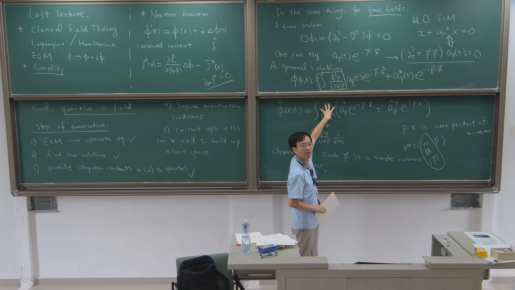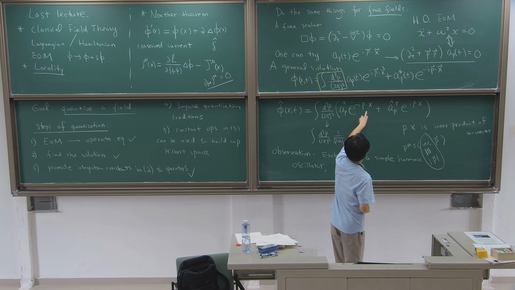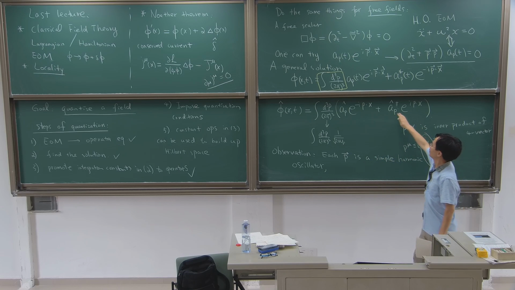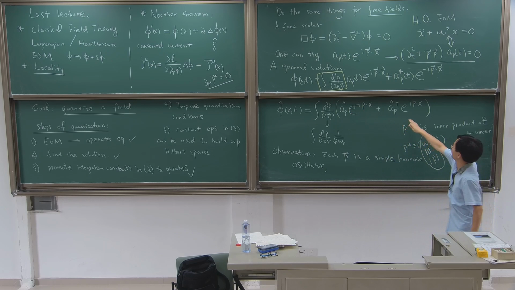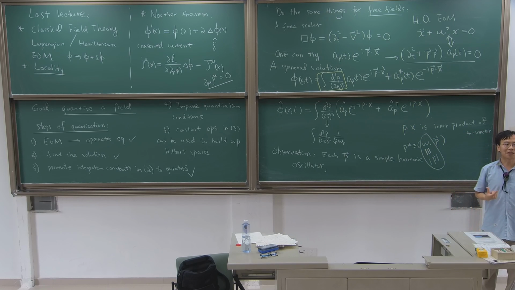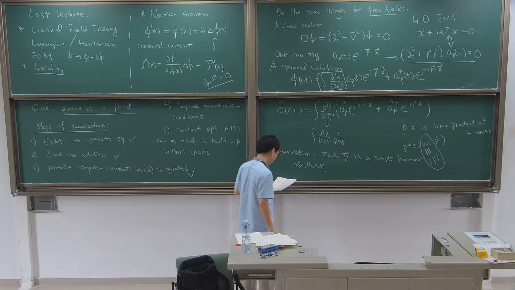This is the sum over the p space. Take p as some fixed value. Since it's a fixed value, the p dependent part, these two factors, will be fixed. Now the time dependent part will be like exponential minus i omega t, and here is exponential i omega t. So this is nothing but a harmonic oscillator. So for each p, there is a harmonic oscillator.